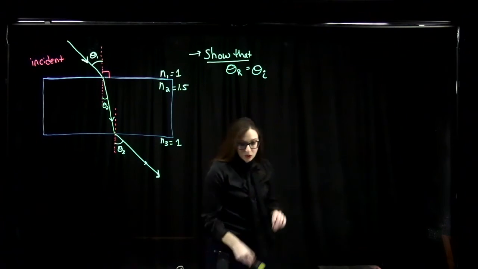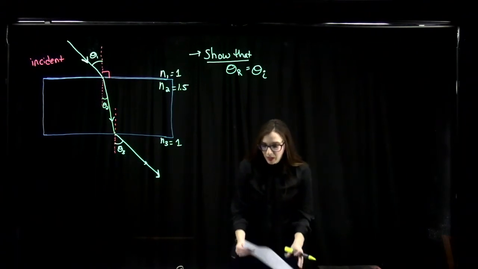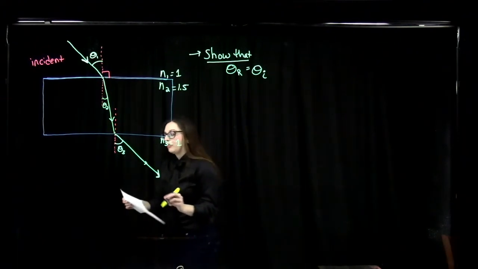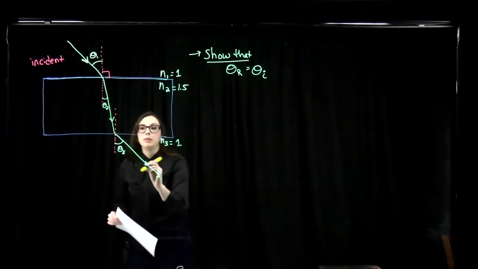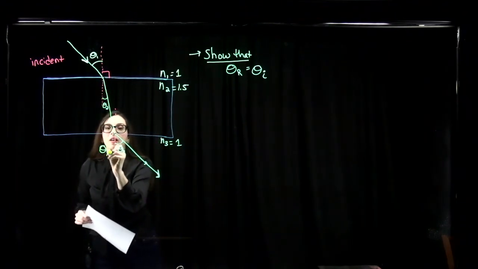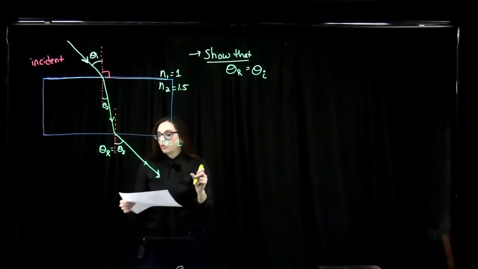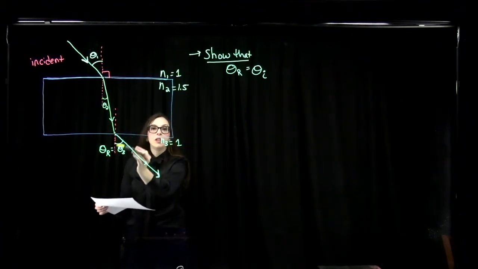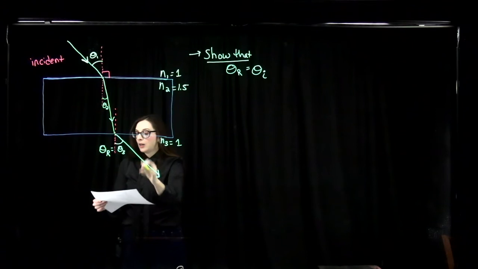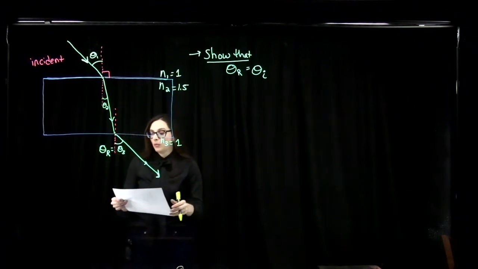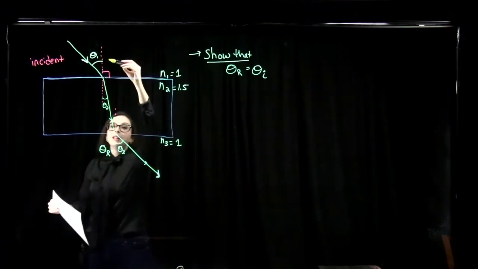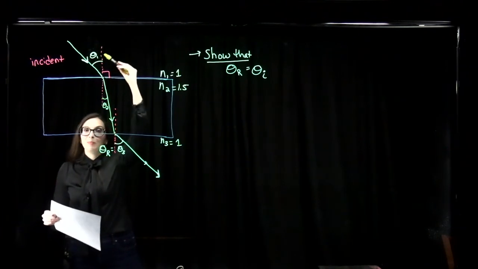So we are going to show that the angle of refraction of the emerging beam, which I'm going to call theta r, okay? So we're going to show that the angle of refraction of the emerging beam down here is equal to the incident angle of the incident beam.